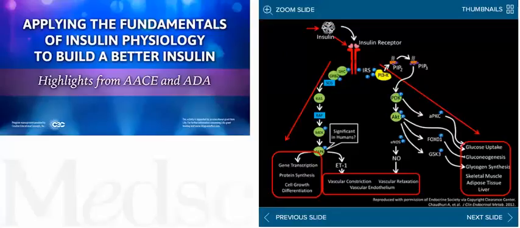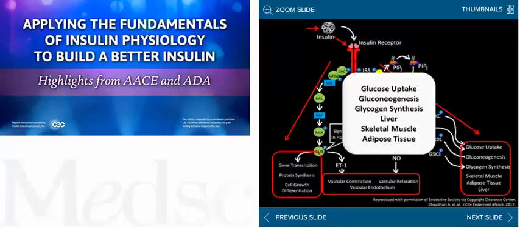Insulin also, incidentally, has effects on the vascular endothelium and can cause both vascular constriction and vascular relaxation. But we will be focusing now on glucose uptake, gluconeogenesis, and glycogen synthesis, that is, the metabolic effects of insulin in the liver and skeletal muscle and adipose tissue, which represent the periphery.